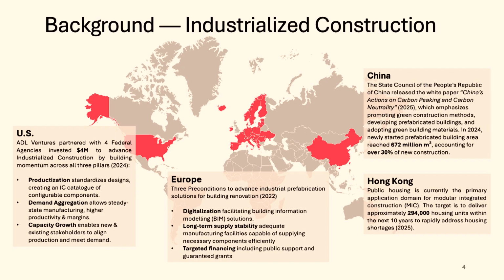In Europe, this emphasizes more on building renovations using the prefabricated construction approach. In China, recently, prefabricated construction is also regarded as the most sustainable and green construction approach. In Hong Kong, the public housing is currently the primary application domain for modular integrated construction. You might see that is the terminology used in Hong Kong for industrial construction.